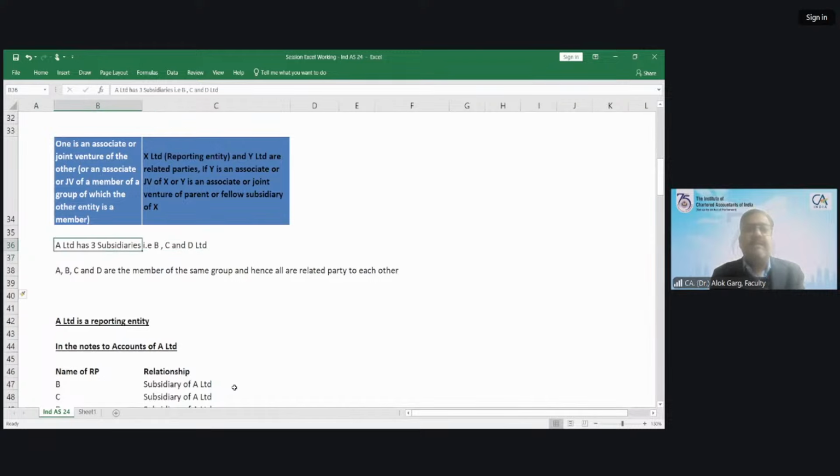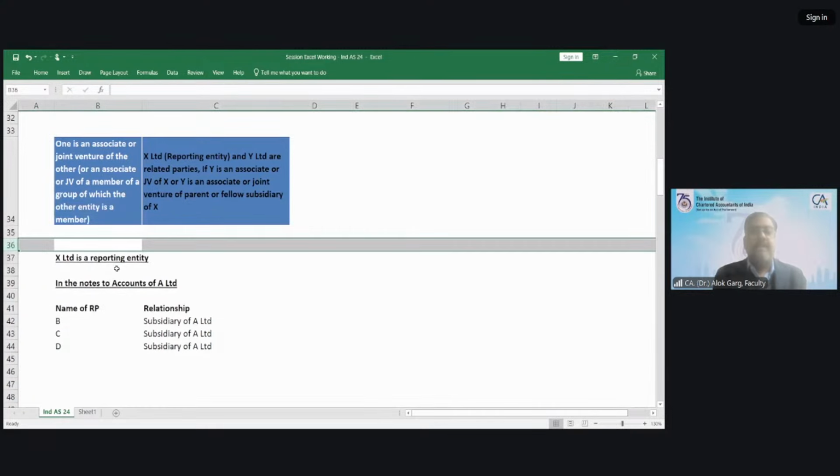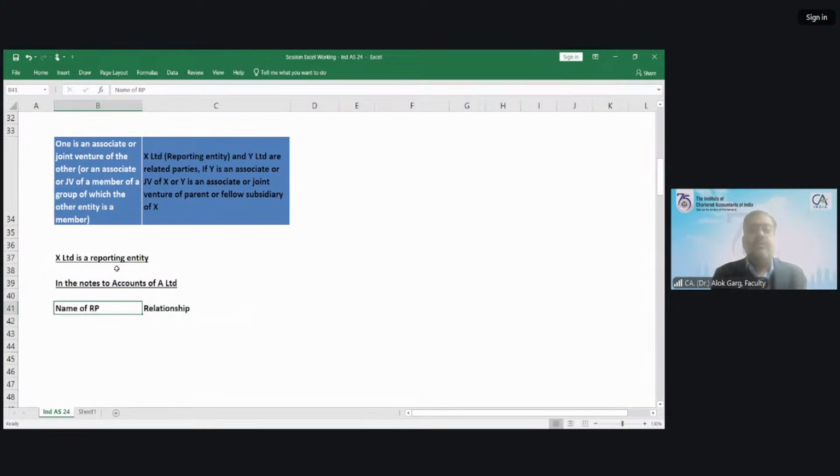Let's say X Limited is a reporting entity, and Y is an associate or JV of X, or is an associate or JV of the parent or fellow subsidiary of X. So Y Limited will become a related party of X if Y is an associate or JV of whom? Of X Limited, right?